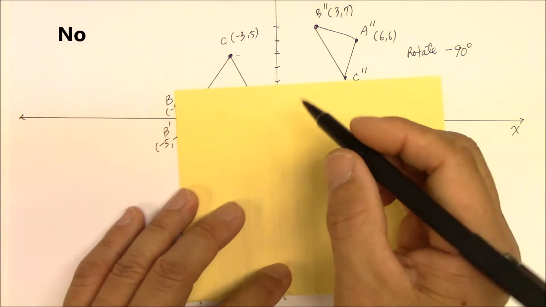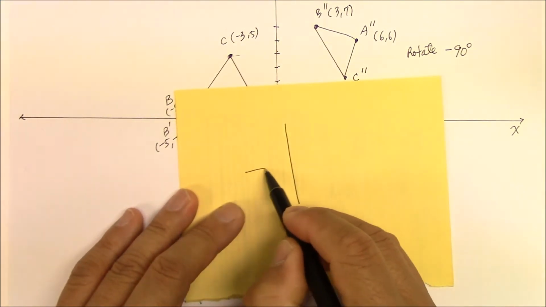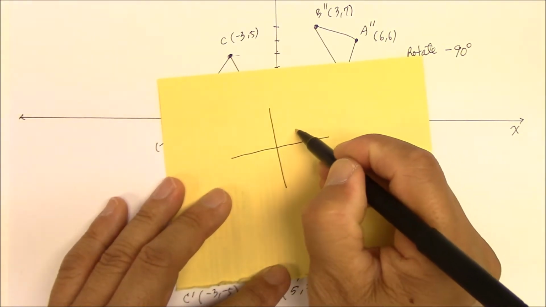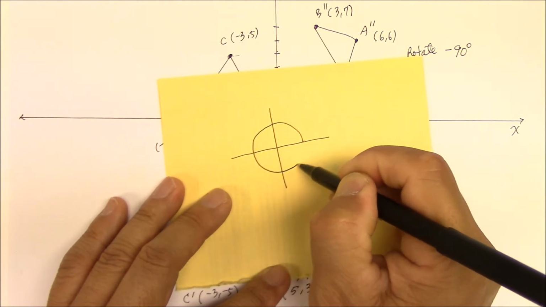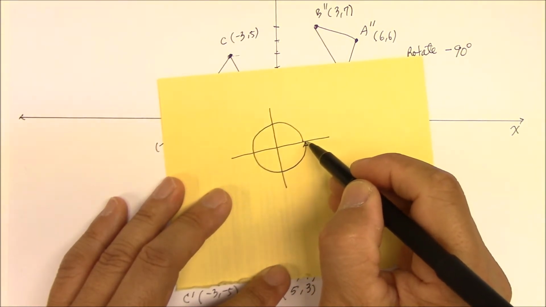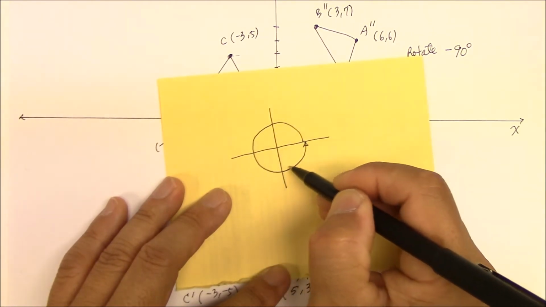Did you know that in geometry and trigonometry, when we talk about degrees, or radians in this case, we have a circle. Now you notice the way I just drew it was counterclockwise.